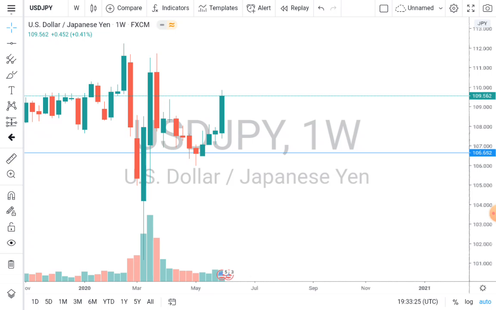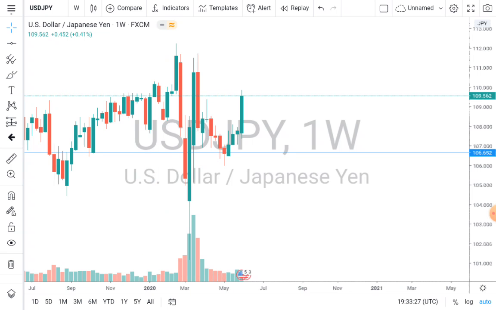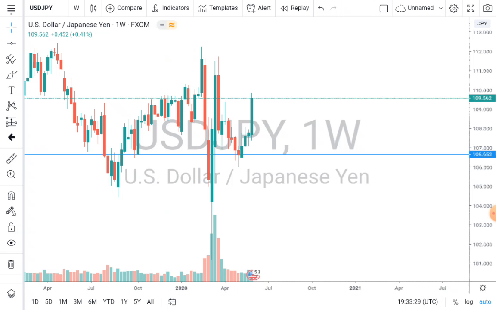So now we have to look for resistance. Resistance is basically where the price cannot go higher. When it gets to that high price, it would most likely reverse and go down.